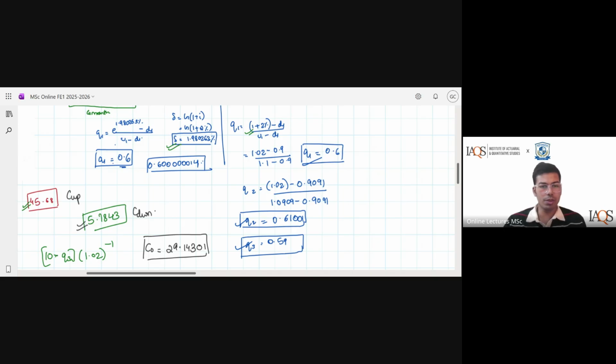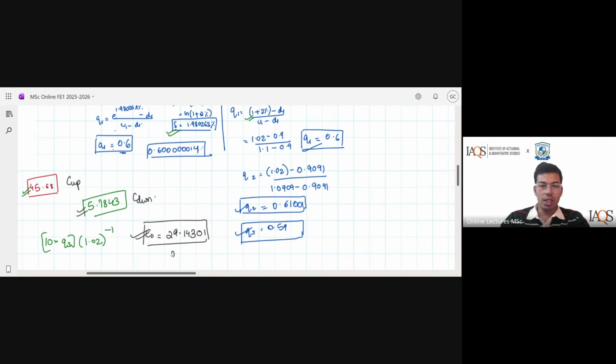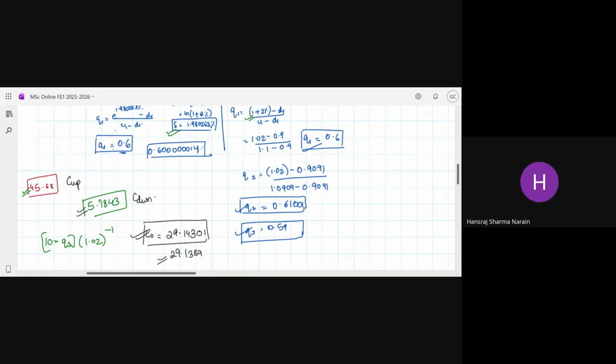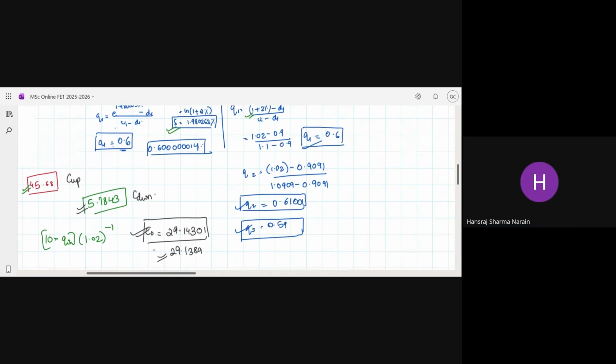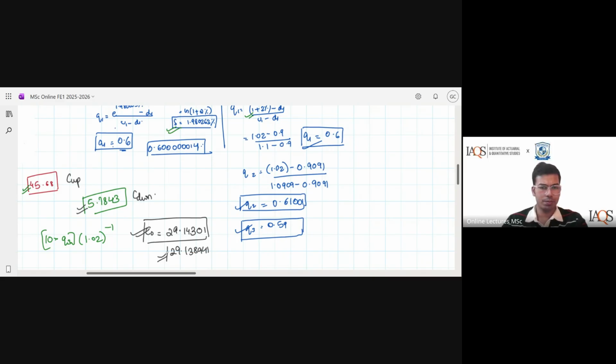With a fourth decimal, that much difference is fine. Cool, that's correct. Someone will probably have somewhere around 29.1389 or 98, which is also fine. What I got is 29.138941. Perfect, that's fine. That will be the reason for decimal differences in Q, decimal differences in C up and C down. This much difference is fine.